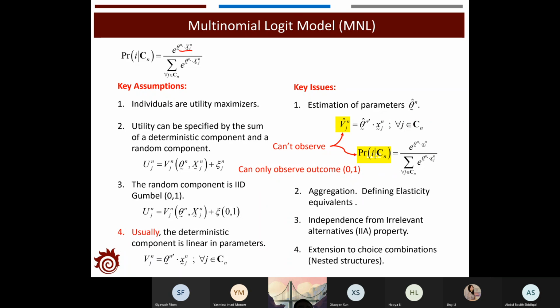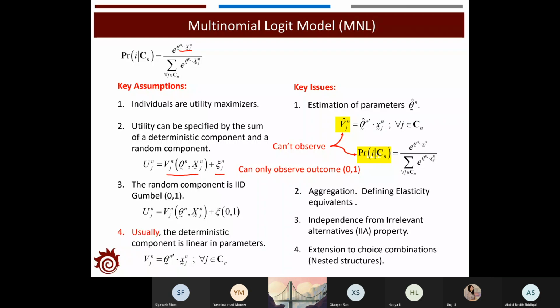In this model, we assume that all the individuals are utility maximizers. They are trying to maximize the utility they can get, and utility is not a deterministic variable. Instead, it consists of 2 components. One is the deterministic component that is related to some attributes of the alternatives or the features of the individuals, and also it has the random component.